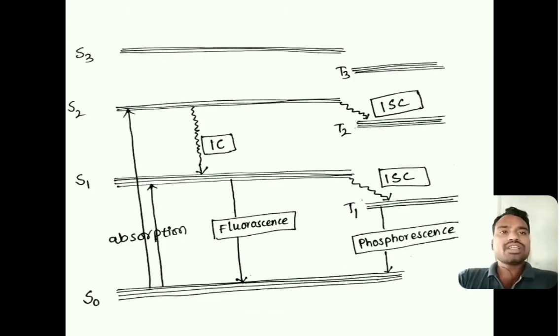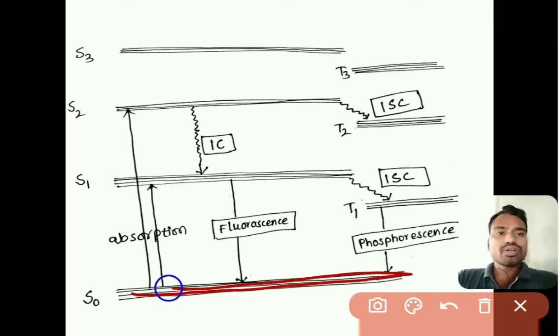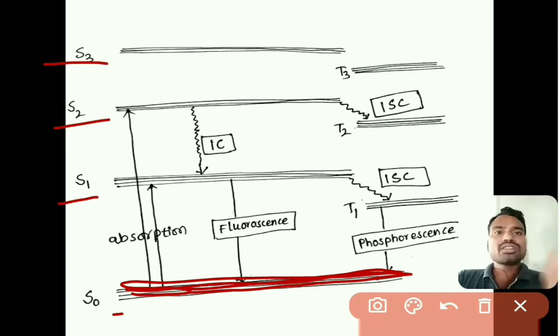So now we will see the Jablonski diagram. This is the singlet ground state, that is S0. The first excited singlet state is S1, the second excited singlet state is S2, the third excited singlet state is S3, and so on.